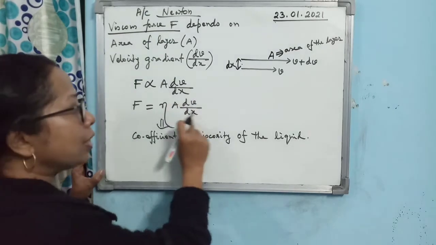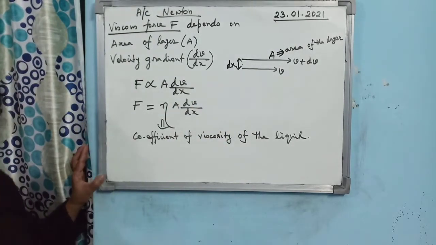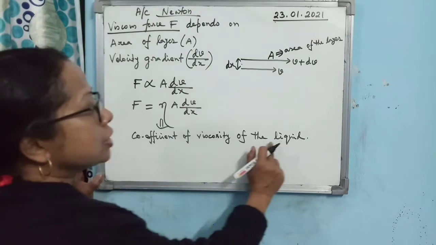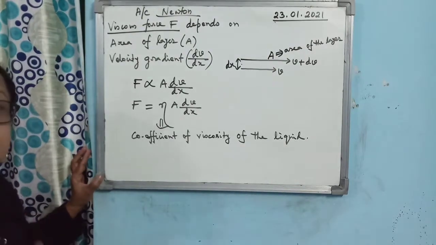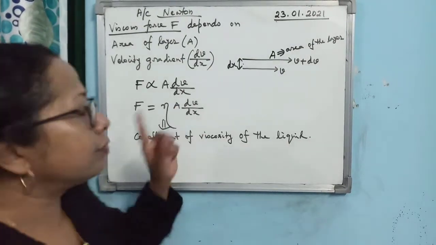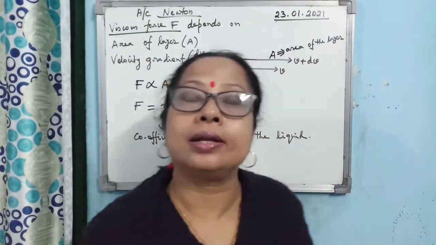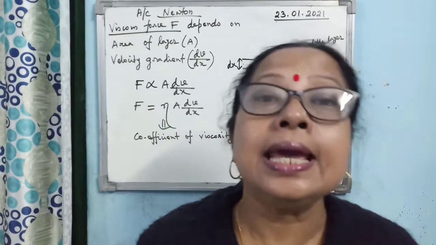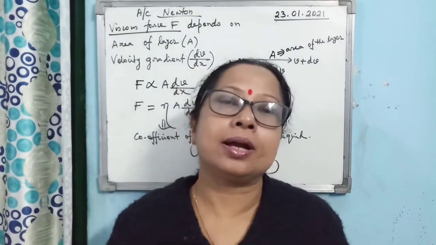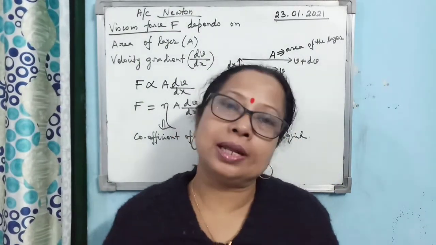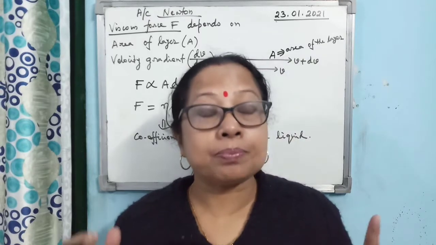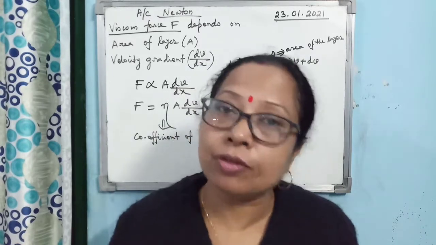it depends on velocity gradient, but remember that the coefficient of viscosity of the liquid is independent of the area of the surface, and it is independent of the velocity gradient. The coefficient of viscosity depends completely on the nature of the liquid. So this is the important point you should never forget.